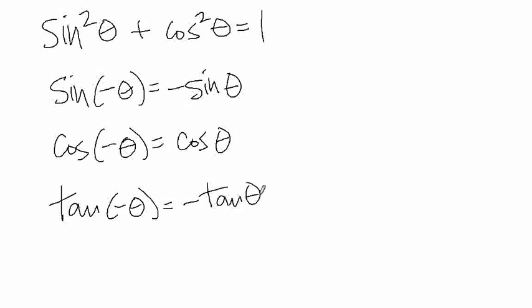Let me show you now why these angle identities are true. To understand why these angle identities are true, you must know the coordinate-based definitions of sine, cosine, and tangent. So here we go.